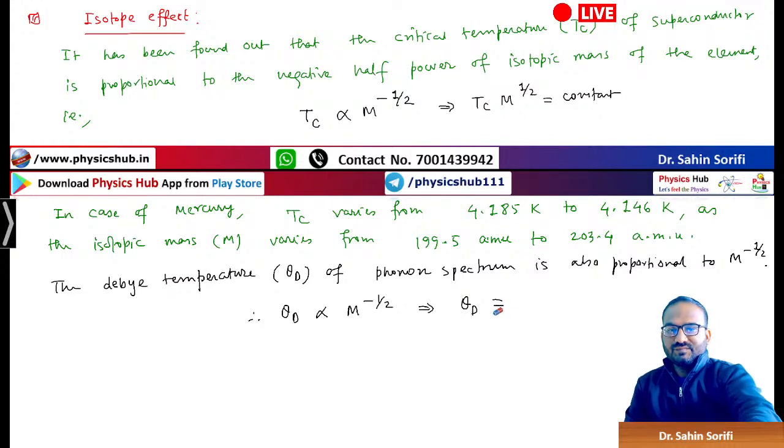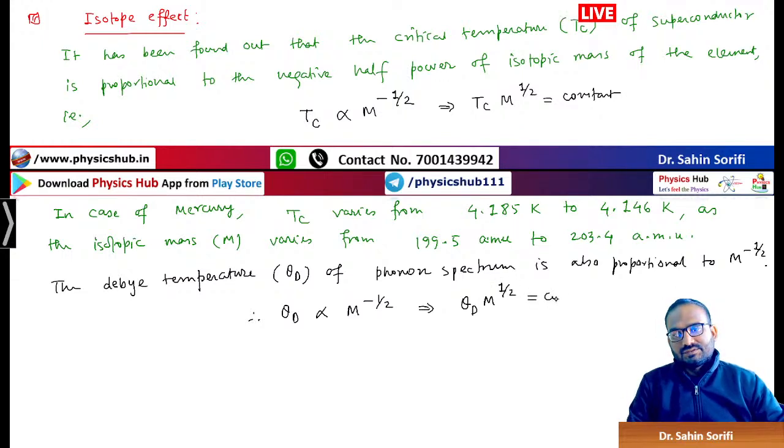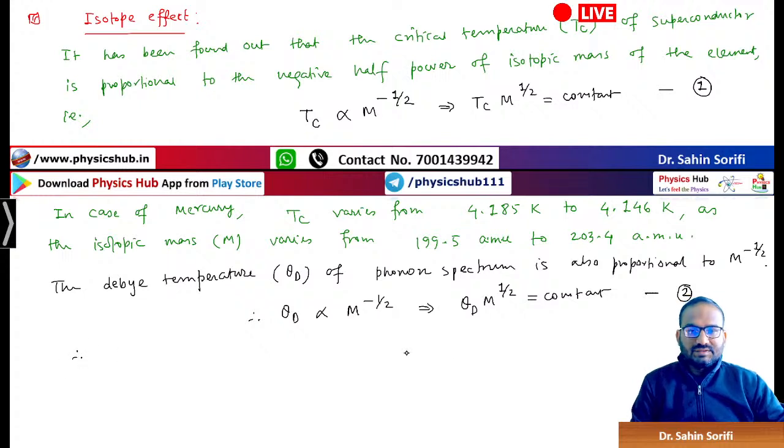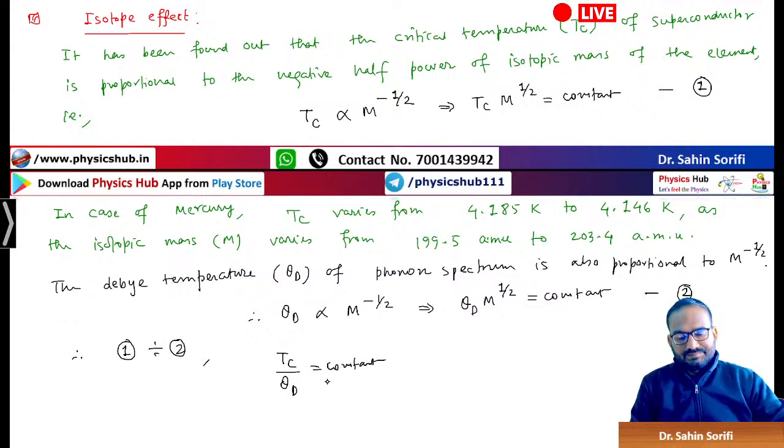Theta D times m to the power half is equal to constant. Let's name it equation 1 and equation 2. If you divide equation 1 by equation 2, you get Tc upon theta D is equal to constant.